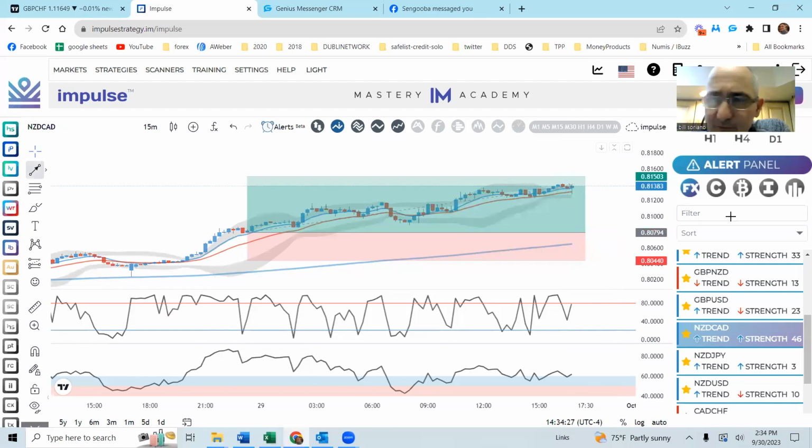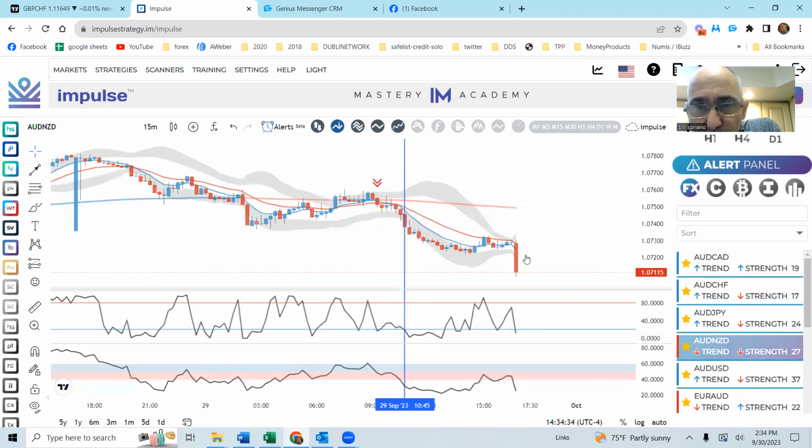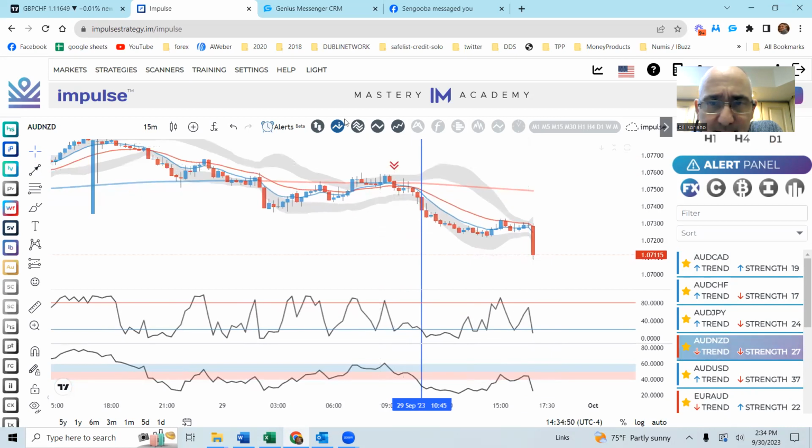Now let's go back to that first one I pulled up here because I had it marked up the wrong way. Let me just see what it looks like again. Okay, so this is AUD NZD. Of course, right now, both of the arrows are down, saying it's bearish, and the trend strength is about a 27. Okay, so we don't need this macro indicator for this strategy here.